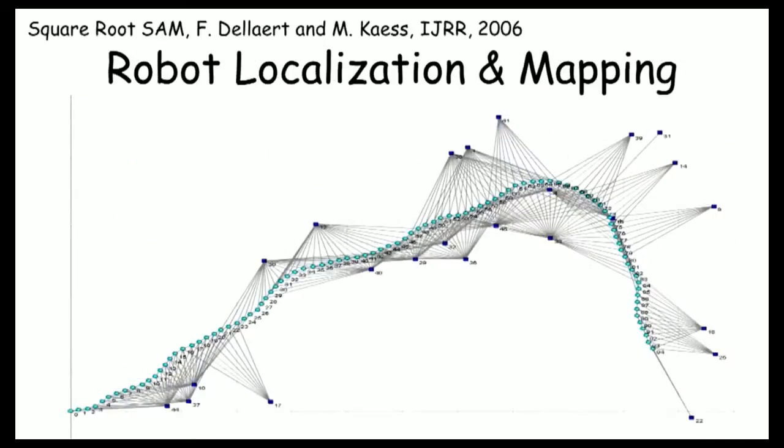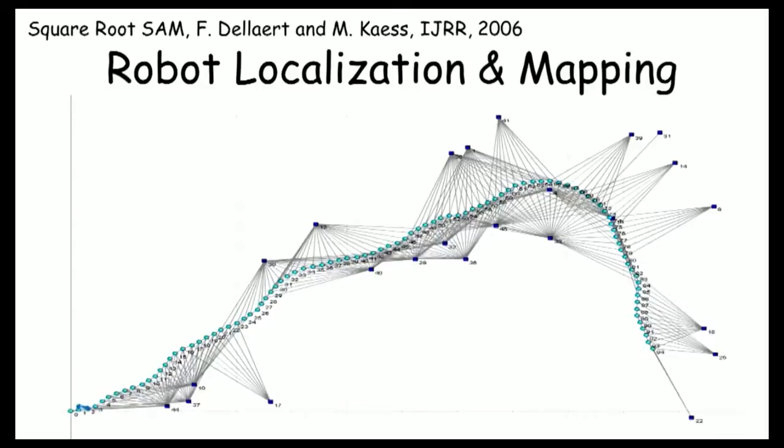Okay, so now if we take the previous robot trajectory that we saw and we write down the Markov network that represents the factors, we see that we have these light blue little dots that represent the robot pose at every point in time. We see that we have these temporal persistence edges that represent the fact that the robot pose at time t is correlated with its position at time t plus 1.